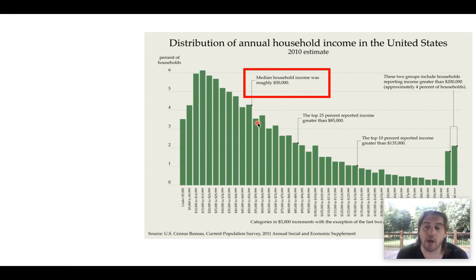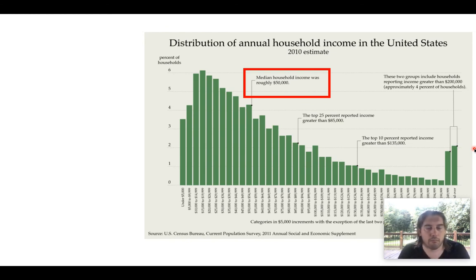When we describe household income in the United States, we use the median because the median is more representative of the country as a whole than the average. Why? Because these insanely wealthy people are pulling the average towards them, right? How much money do Bill Gates, Elon Musk, Jeff Bezos, those people, make?